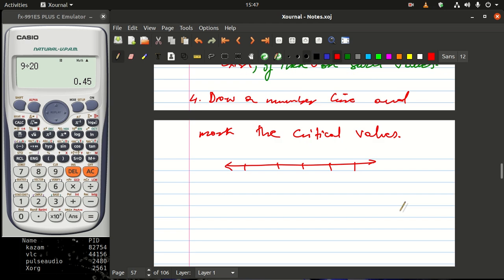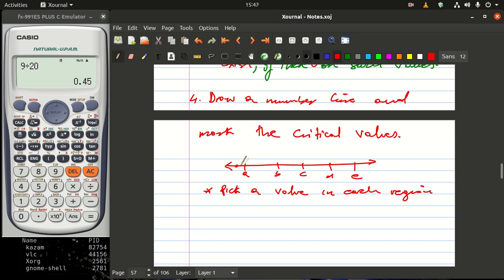And then while we're still in step 4, you pick a value. So let's say these are your critical values, I'm going to call them A, B, C, D, E. You will pick a value in this region here. Pick any value that you would like to work with, and then pick a value in each region.